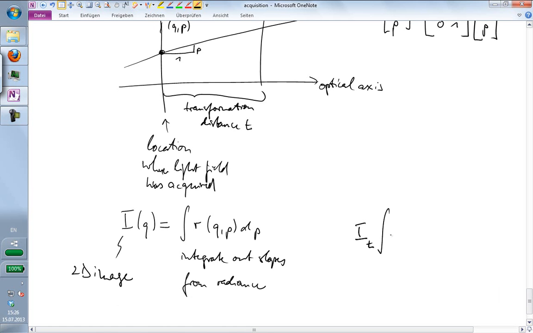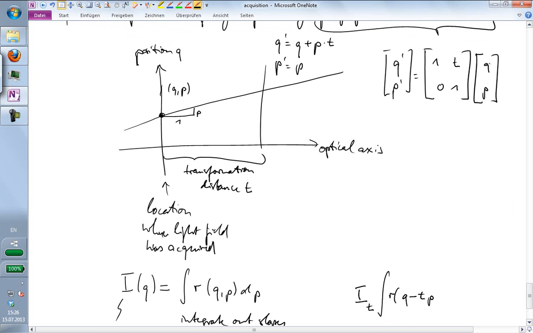Which is the radiance at these new locations. So I want to use q and p again, so I can solve this here for q and for p.